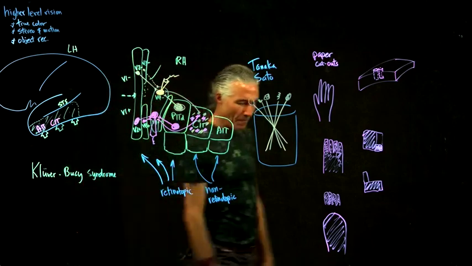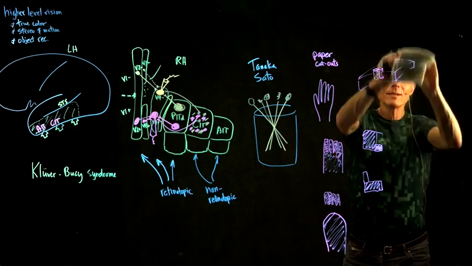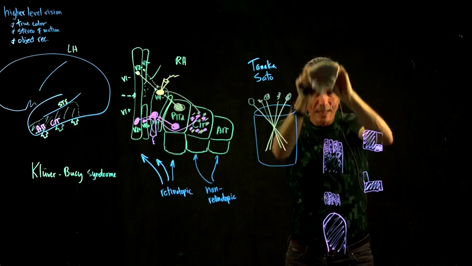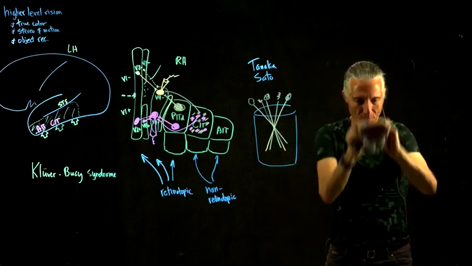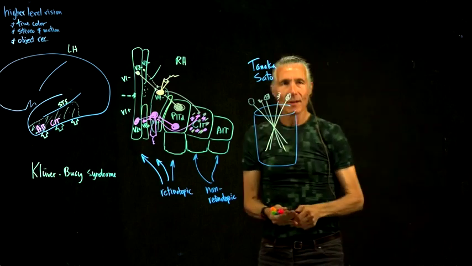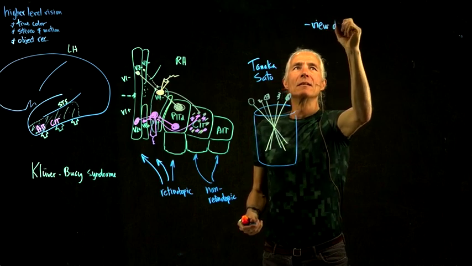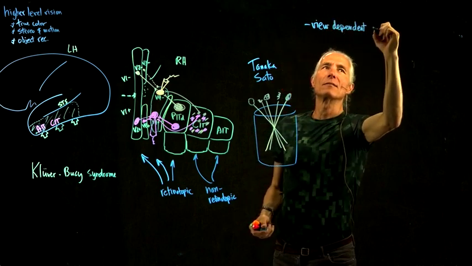But it turns out that when this has been redone more recently, it seems to be the case that what you have in inferotemporal cortex is primarily view-dependent. So view-dependent responses.